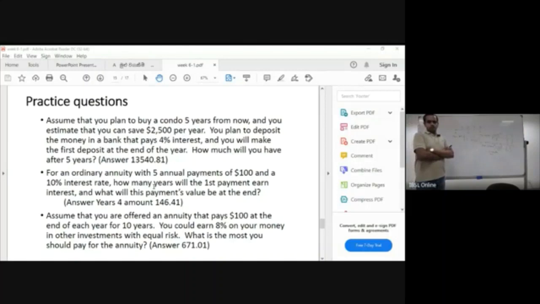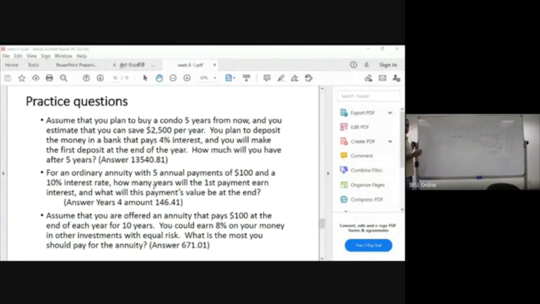Next one is for an ordinary annuity with 5 annual payments of $100 and 10% interest rate. How many years will the first payment earn interest? And what will this year's payment's value be at the end? Right.